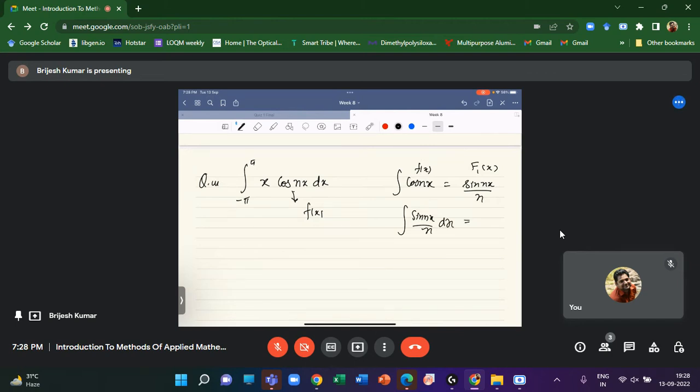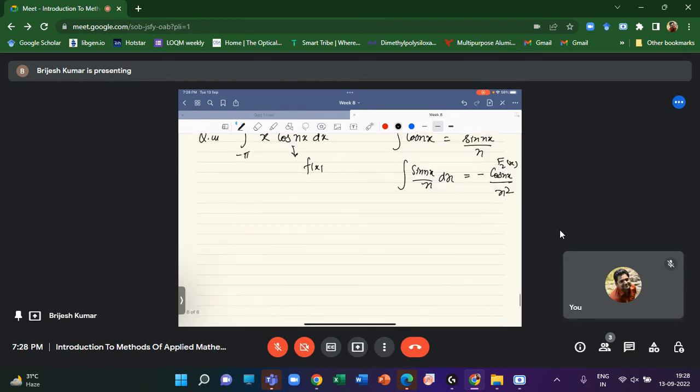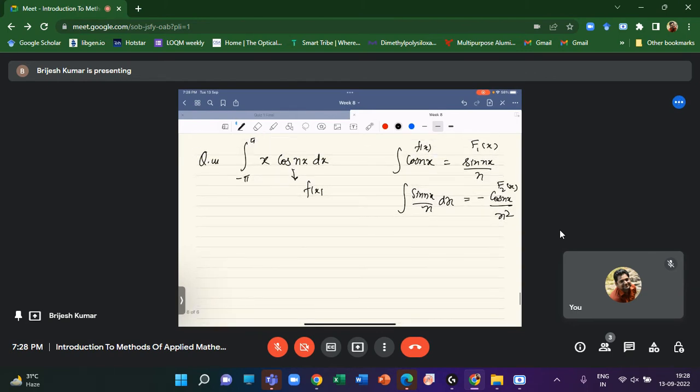Then we will get again the integration of sin nx, and sin integrates to minus cos nx upon n square. This will be our f2 of x, right? So simply this is our g of x.